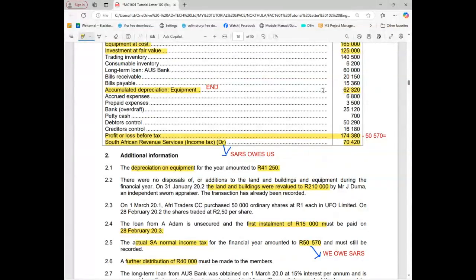It means at the beginning, it was 62,320 minus 41,250.